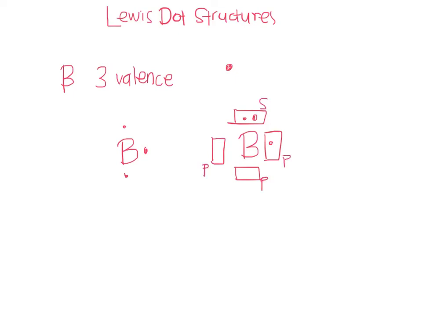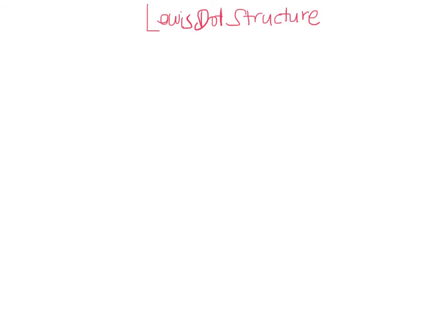So this version is really acceptable. The only reason why I encourage the ring around the rosy is it plays a bigger role when we do bonding. So you can do either way, but when we start doing bonding, we're going to focus more on this type of Lewis dot structure. Okay, so let's do a couple more examples.